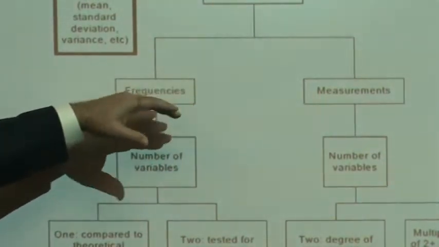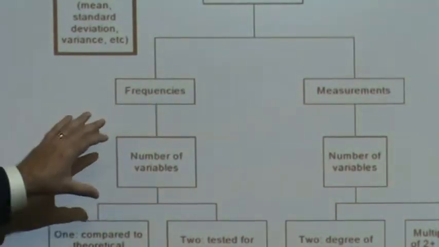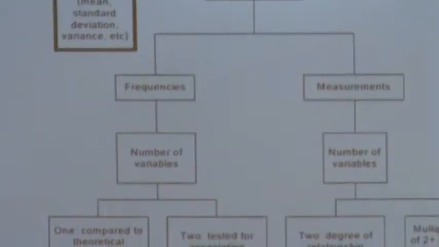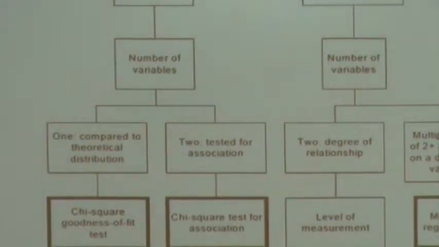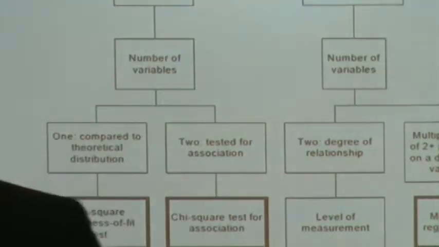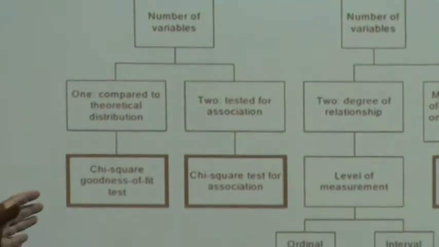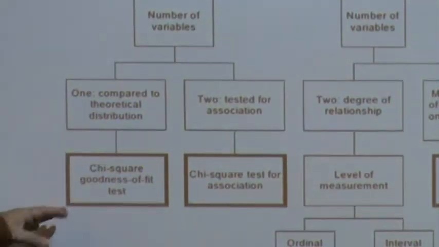Now the next level, and I'm going to go to frequencies now, the next level is number of variables. If you just have one variable, then you're going to be comparing that to a theoretical distribution and asking, is this just happening on the basis of chance, or is this the result of some kind of underlying reason why people are falling more in one group or the other?